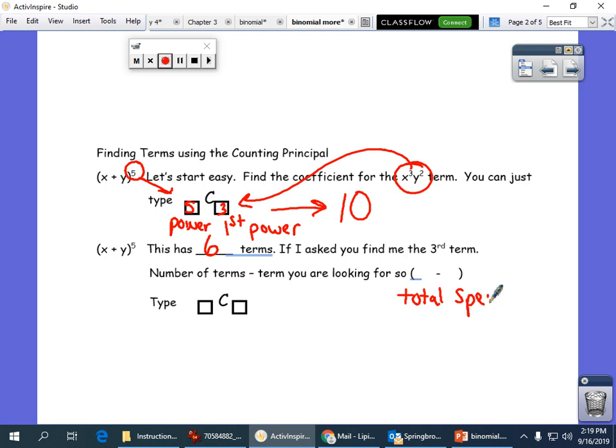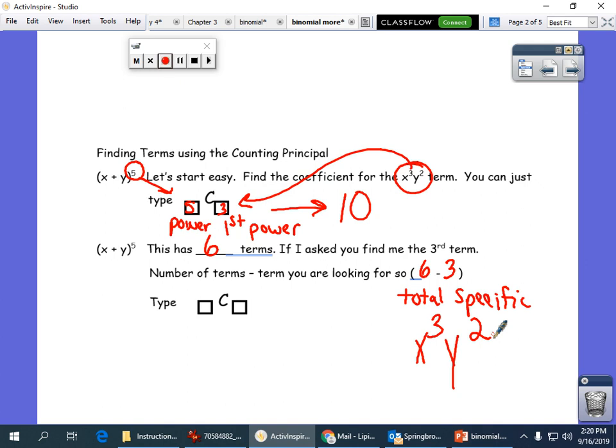So what is the total number of terms, and what specific one am I looking for? 3. So that means my first item will have a power of 3. My overall power is 5, so my y would get a 2.